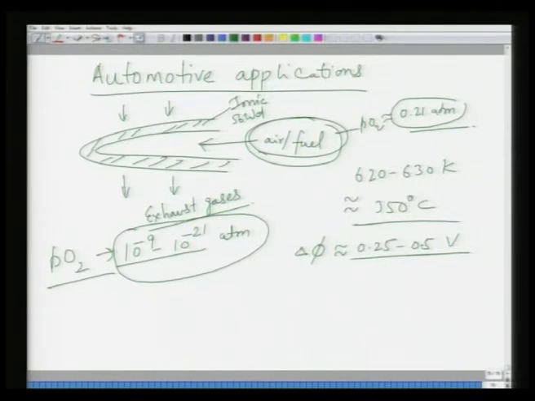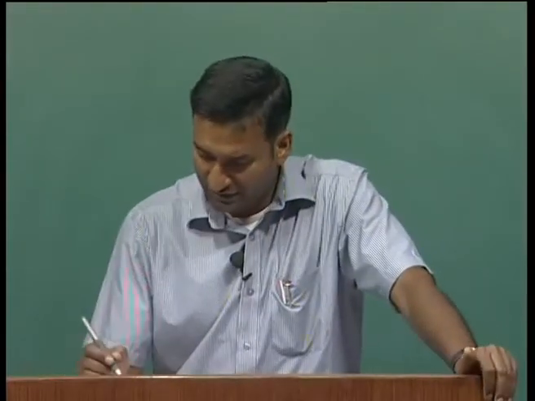So, at this point we are done with most of the concepts related to ionic conduction in solids. What we will do now is have a look at some of the applications of these ionic conductors. Ionic conductors can be used in a variety of applications.